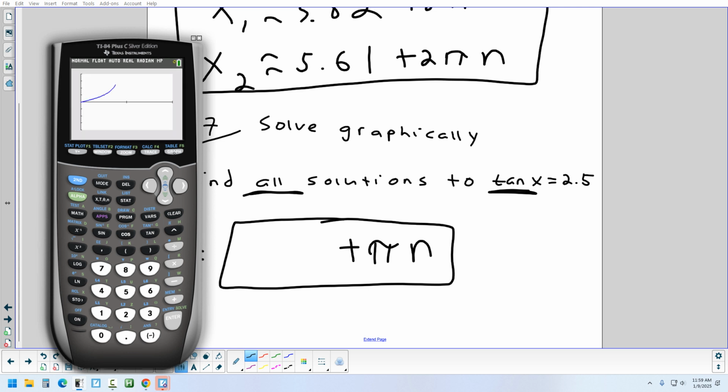We're going to break the tangent cycle into 2 sections, but that's fine. That's one full section. And how do we find where it hits it? Second calc intersect. All right, I wasn't careful enough with where I put my cursor. Since it's in 2 pieces, you do have to move it until you see it. 1.19.